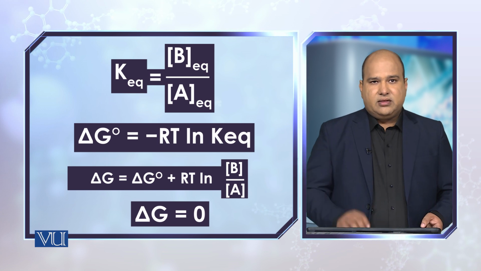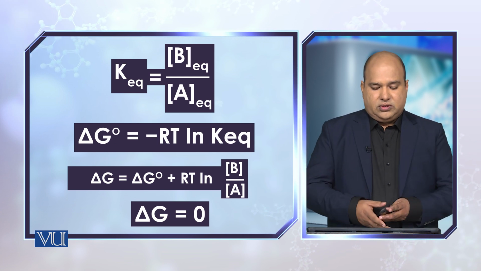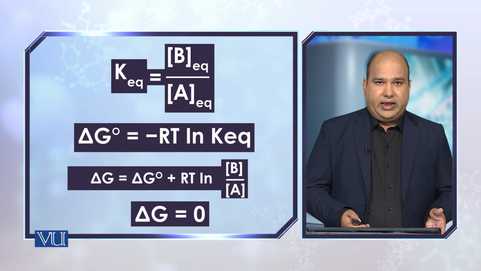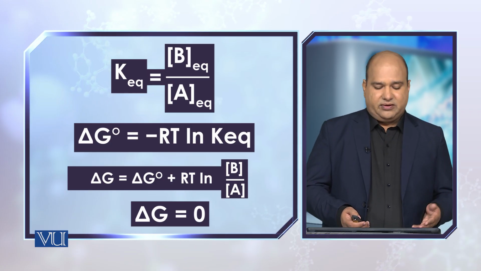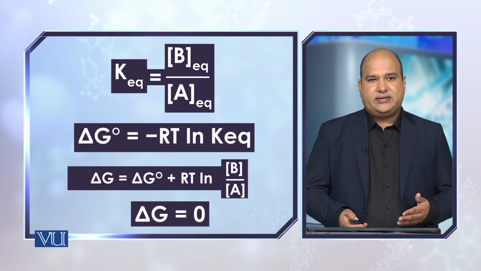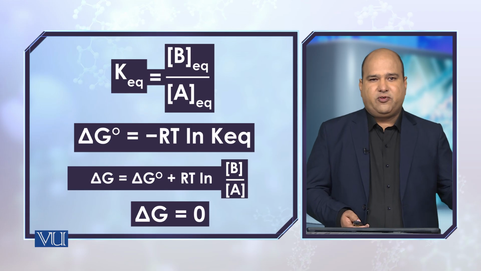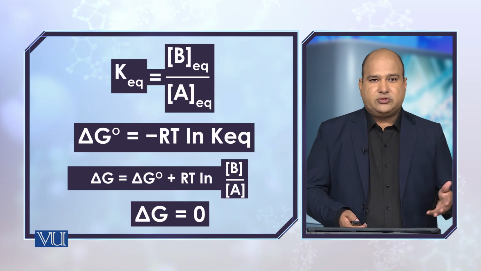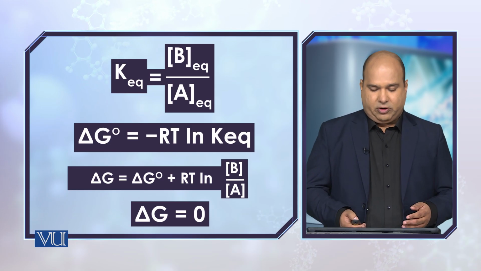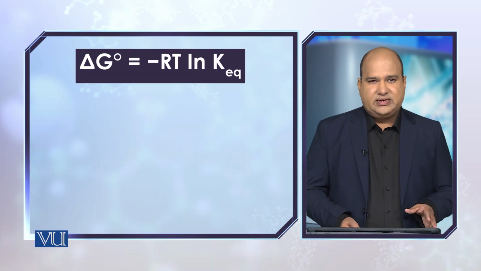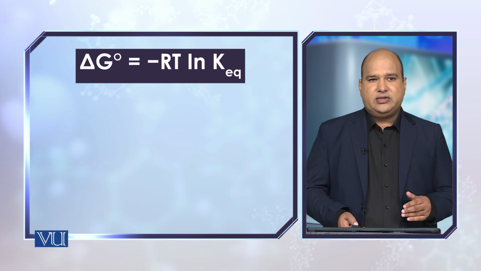Here, if you know the value of K equilibrium, and of course you know the body temperature is always constant, you can predict whether the reaction will be forward or reverse, because the delta G naught value will tell you about it. So, this equation in that way is very, very useful.